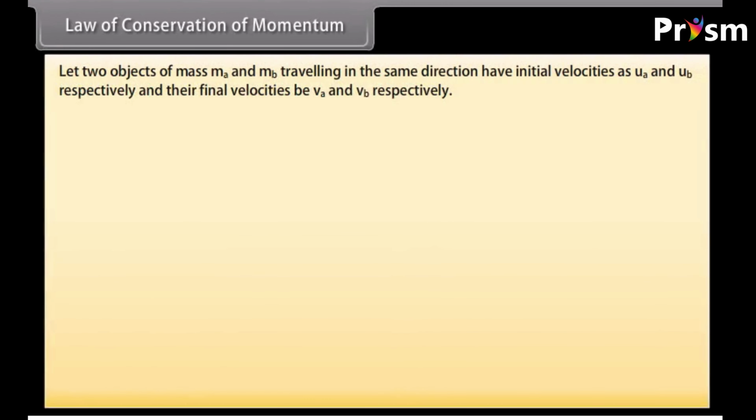Let two objects of mass mA and mB traveling in the same direction have initial velocities uA and uB respectively, and their final velocities be vA and vB respectively. The rate of change of momentum of ball A, FAB, is equal to mA times (vA minus uA) upon t.